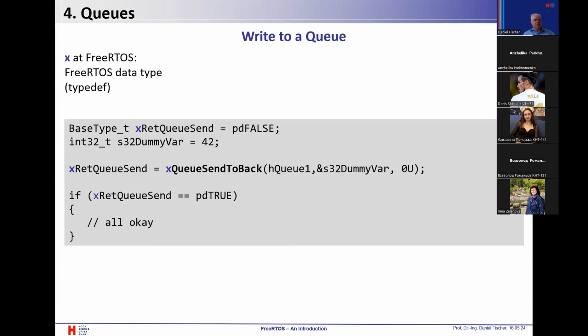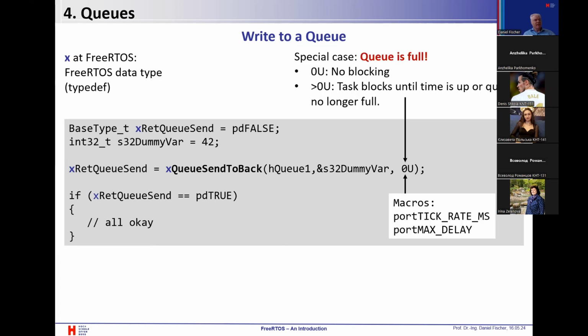And now let's see how to write to a queue. Here we write to a queue, very, very simple with this function. A special case is if the queue is full, what to do. It depends on this parameter.